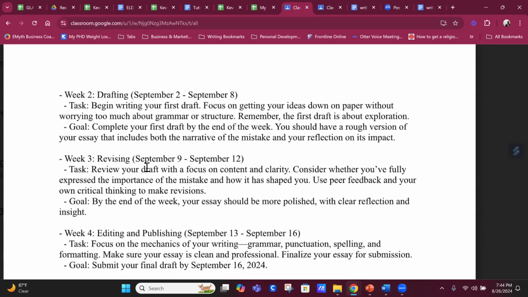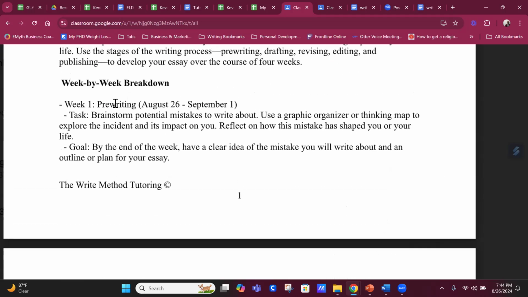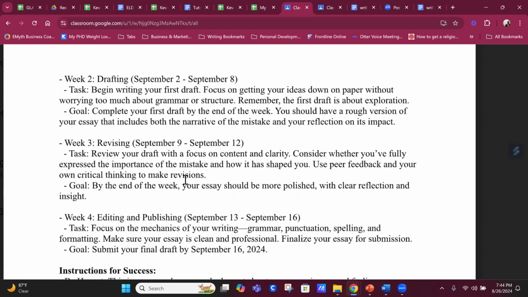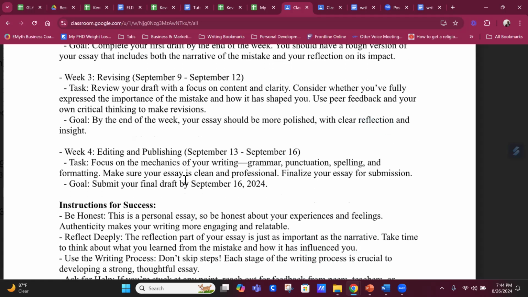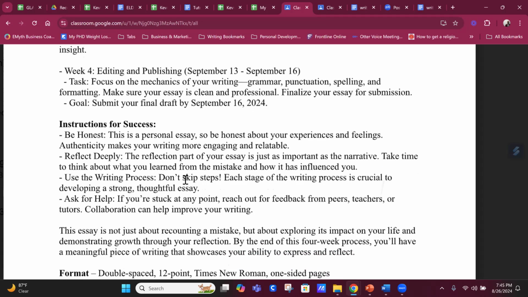And notice the 6 steps of the writing process here, which I didn't really talk about, but pre-writing is stage 1. Drafting is part of that as well. There's also peer editing. There's revision. There's editing and publishing. Notice here, it's very gradual.